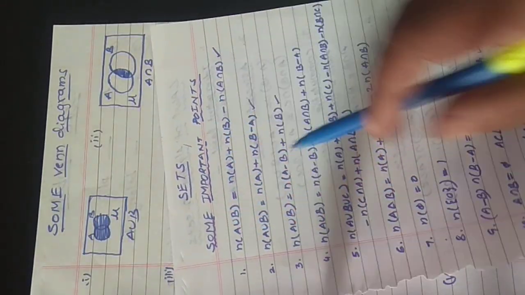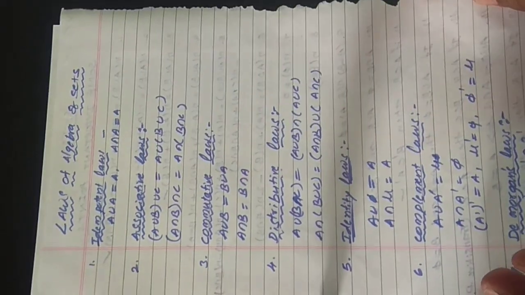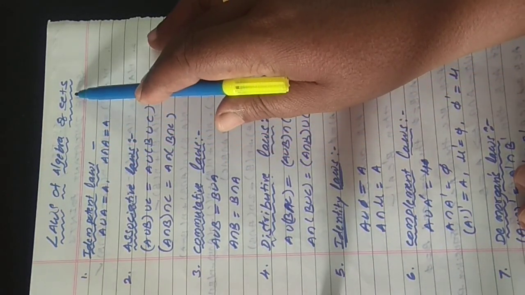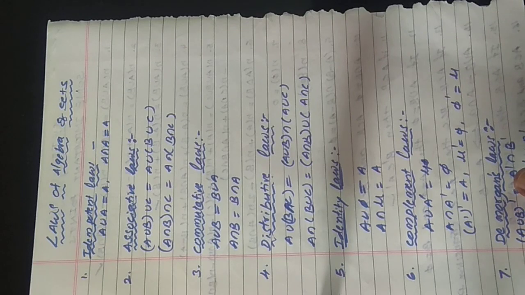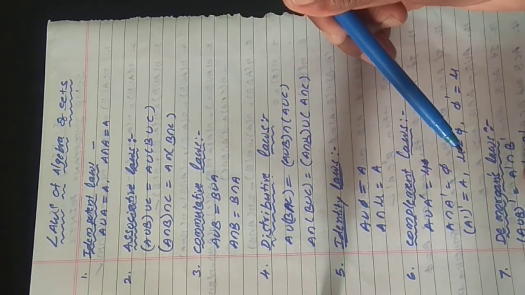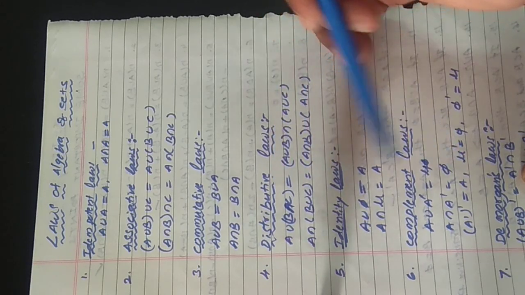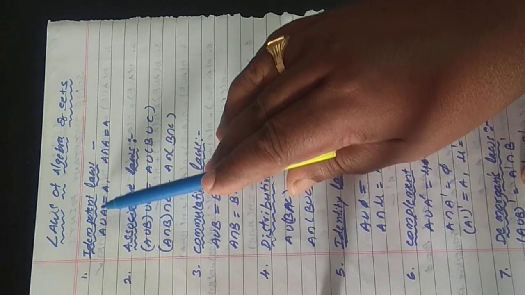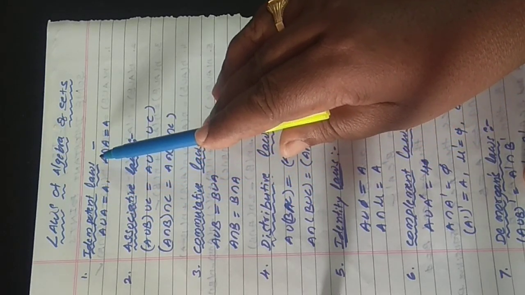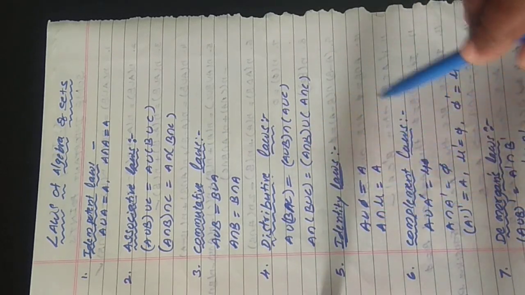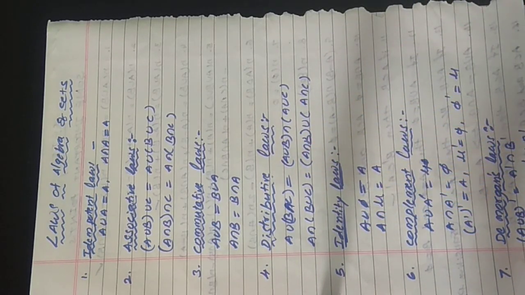the some important points. Now we are going to learn about laws of algebra of sets. In these laws of algebra of sets, we have 7 laws. They are idempotent laws, associative laws, commutative laws, distributive laws, identity laws, complementary laws, and De Morgan laws.